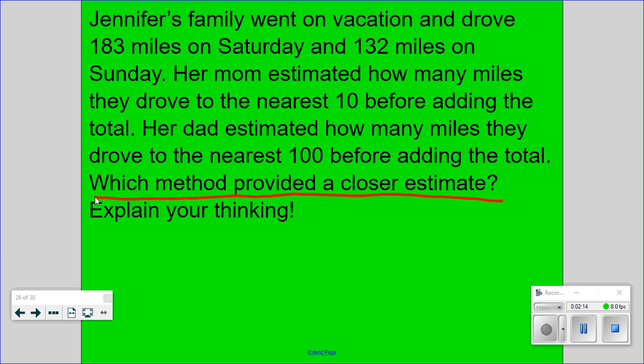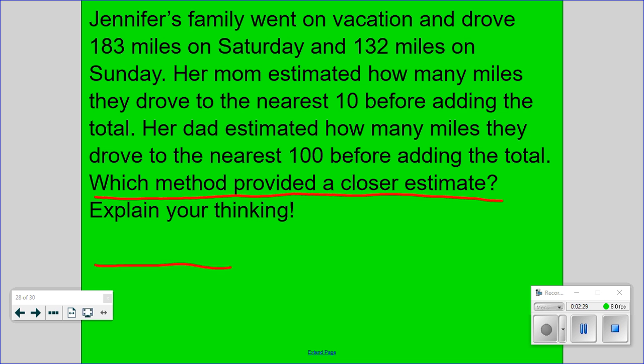What is our answer sentence going to sound like? Brayden? Which method provided a closer estimate? That'll work.